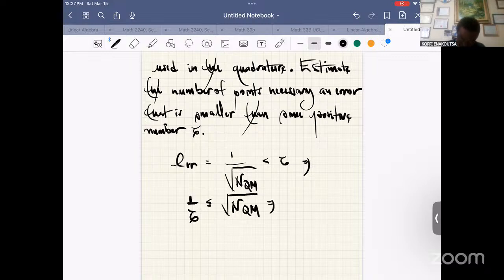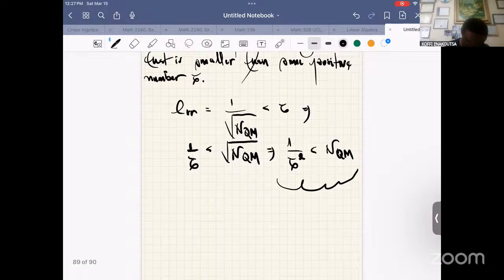We will take the square, so 1 over tau squared is strictly smaller than N of QM. Okay, that will be the relationship. Is it clear, guys? Let me know if there are questions.